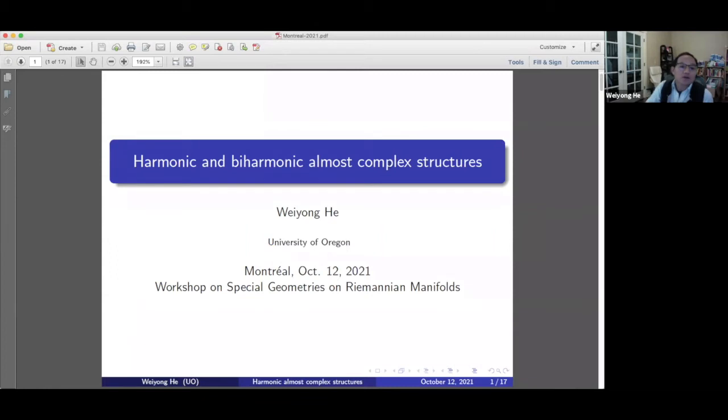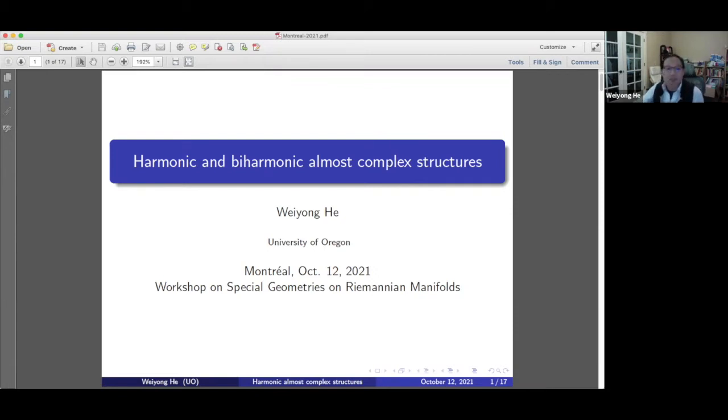So I will talk about harmonic and biharmonic almost complex structures. This is an attempt that in recent years I have tried to study almost complex manifolds and geometry in general using some modern tools from geometric analysis.